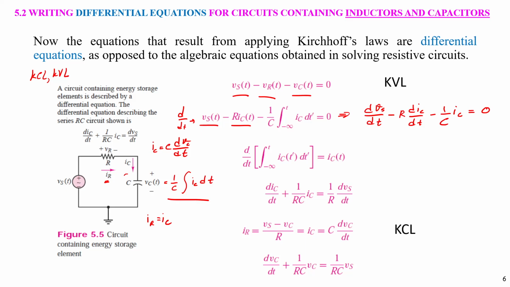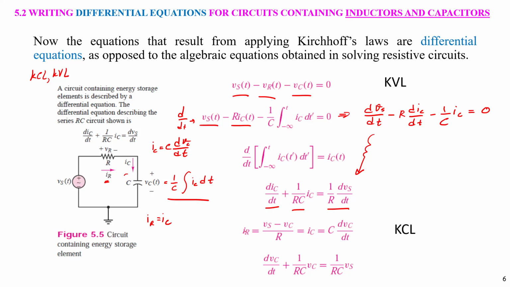Or if we divide the equation by R and C, we get dVs by dt over R, then dI by dt here, and then IC by RC over here. We get this equation.